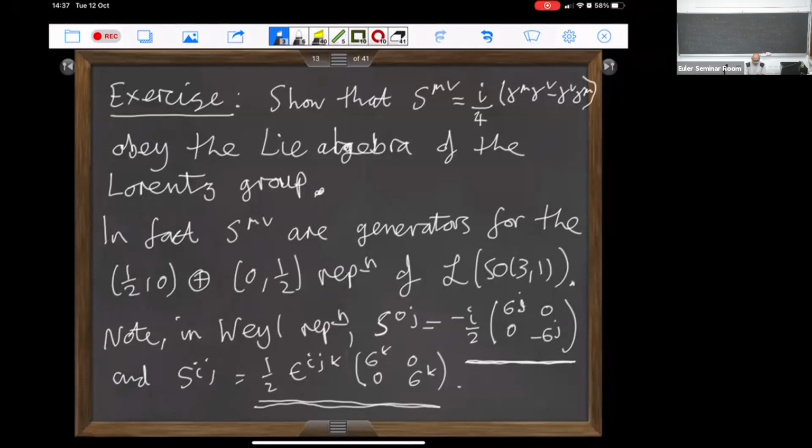Whereas that's not true for the Dirac-Pauli representation or most other representations, although it is true that these S mu nus obey the algebra of the Lorentz group, regardless of which representation you choose. So you don't need to write the S mu nus explicitly in order to verify that the Lie algebra is satisfied. You can just do it using the Dirac algebra or Clifford algebra.